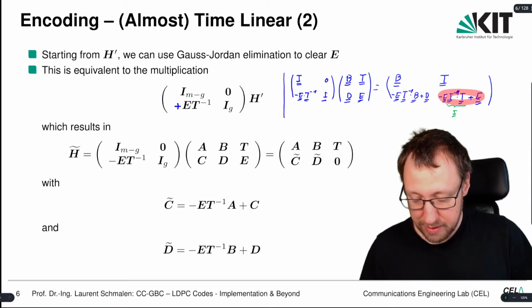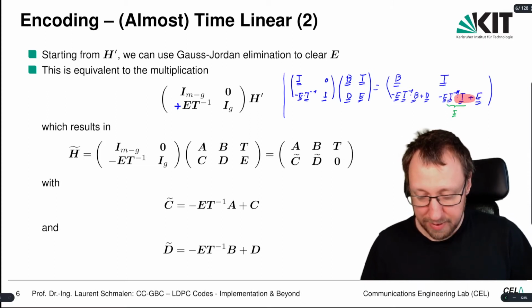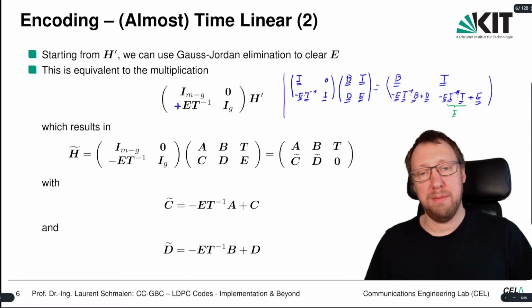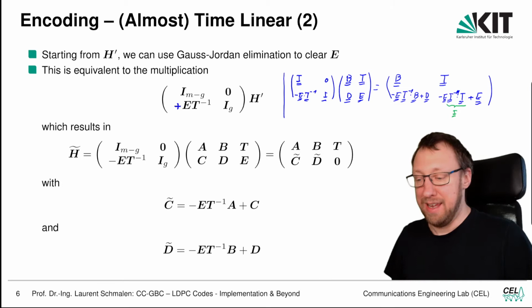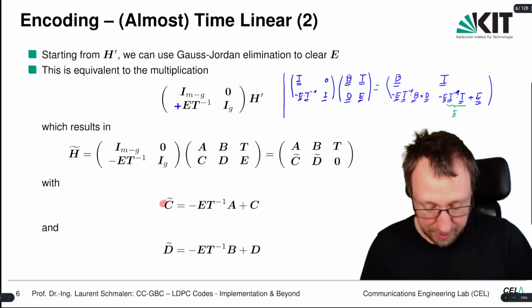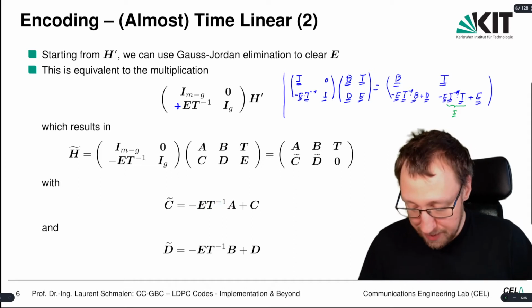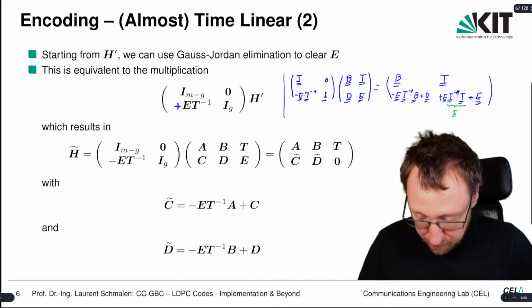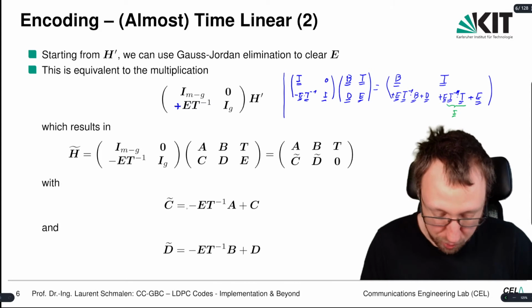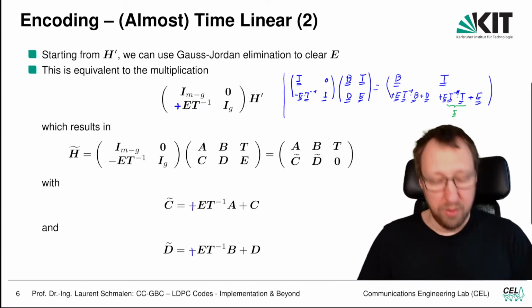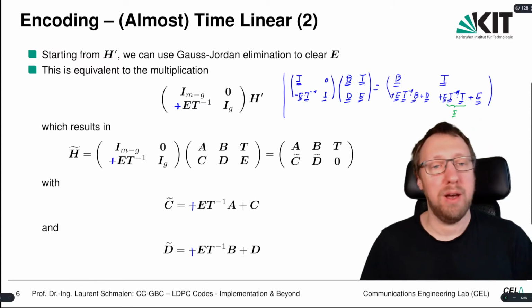D tilde is the one that we just calculated, so it's minus E T to the power minus 1 times B plus D. And C tilde is minus E T to the power minus 1 times A plus C. And as I said, we can change all instances of minus into a plus, as we are exclusively working with binary numbers over here.